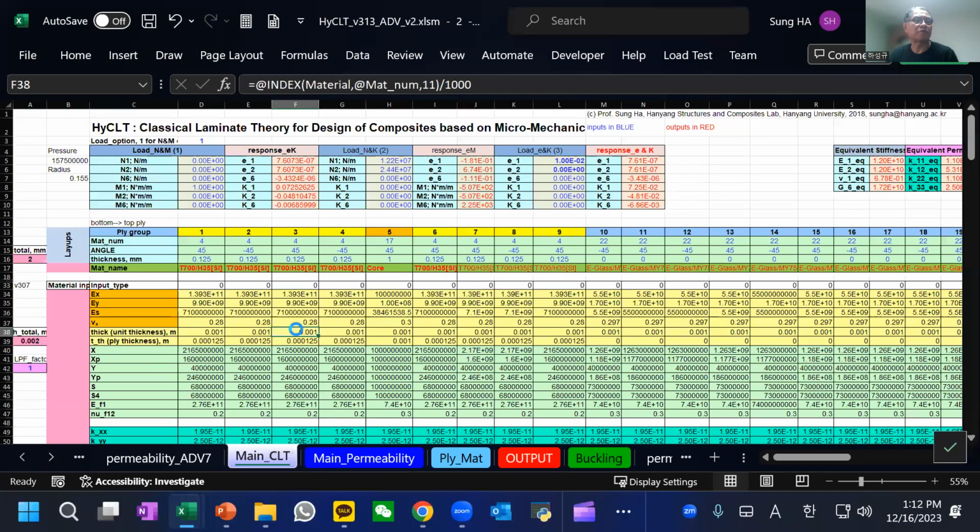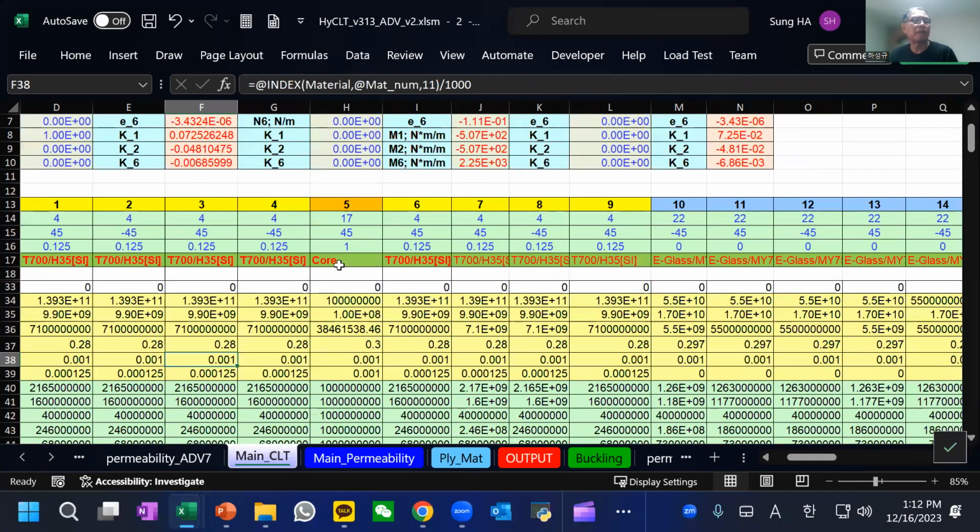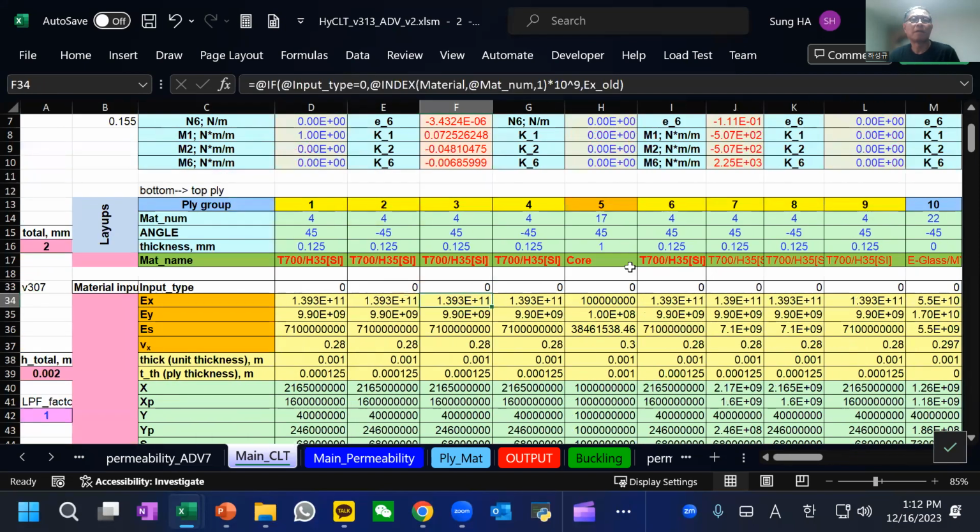So this is symmetric, but the bending, with respect to this guy, this minus, how come it's changing?